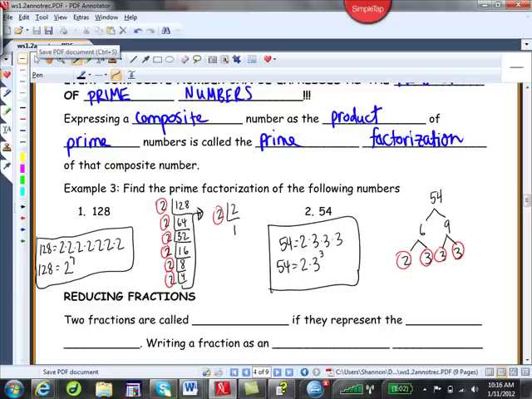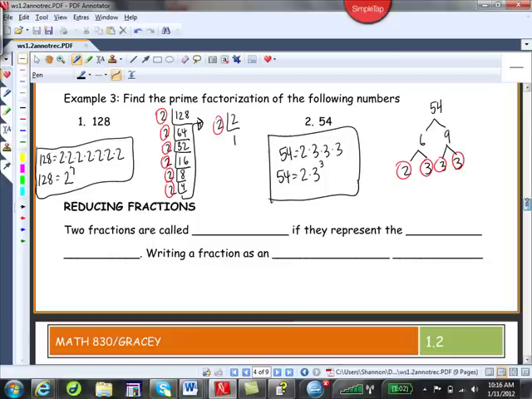Okay, so now this leads into reducing fractions. Two fractions are called equivalent if they represent the same value.